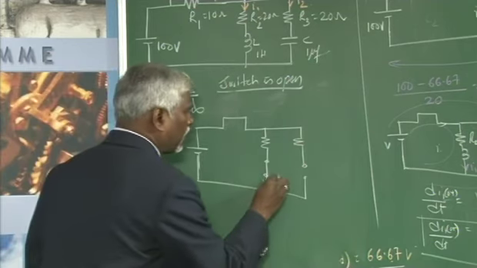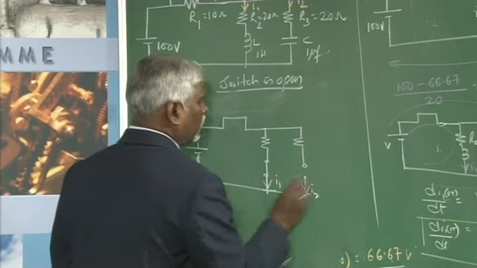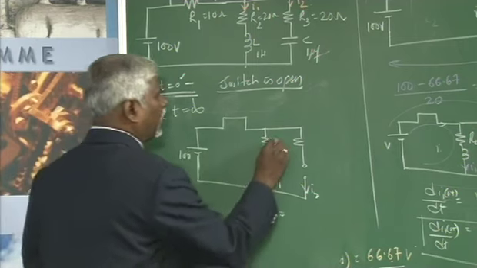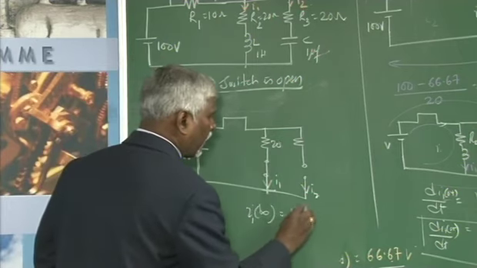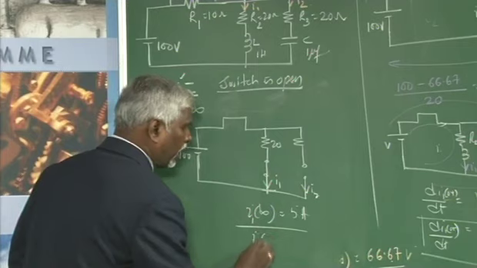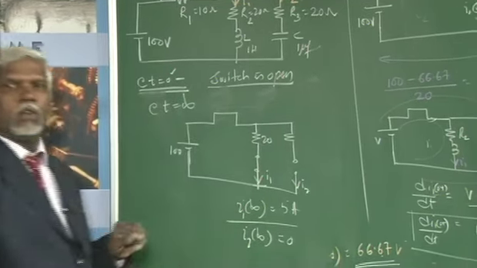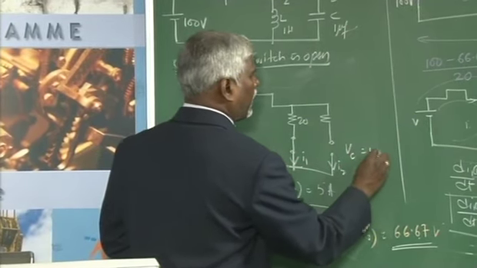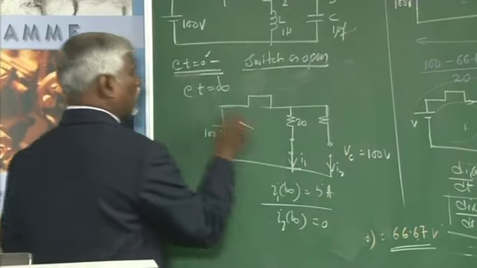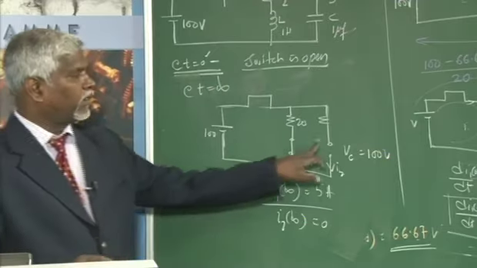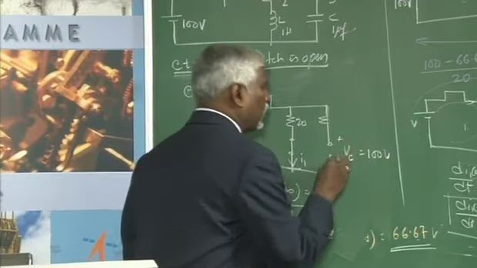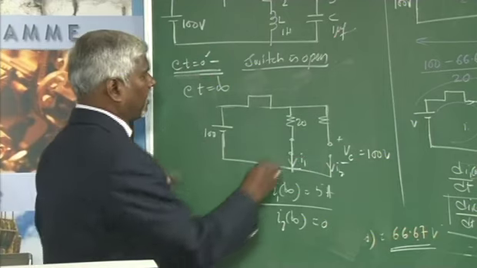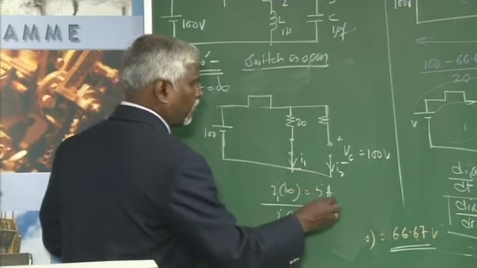If this is I1, this is I2, I1 at infinity is 100 by 20, which is 5 amperes, and I2 at infinity is 0. The capacitor voltage Vc will be 100 volts, because it is the voltage across the supply. The capacitor would have charged to 100 volts, and the current through the inductor will be 5 amperes.